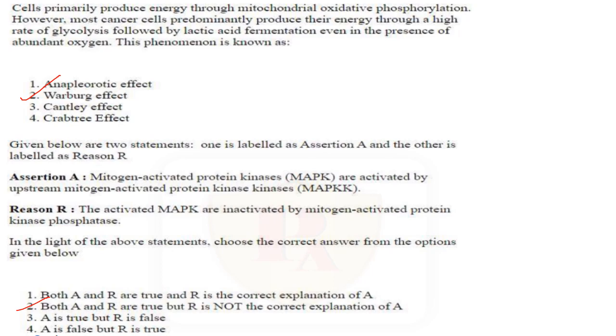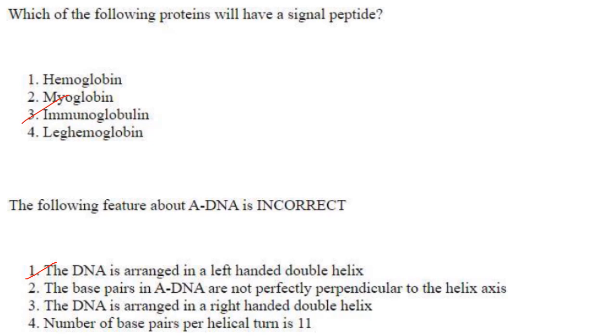The activated MAPK are inactivated by mitogen activated protein kinase phosphatase. That is also correct, but it is not an explanation for A. So both A and R are true, but R is not the correct explanation of A. Answer is option 2. Then next one.